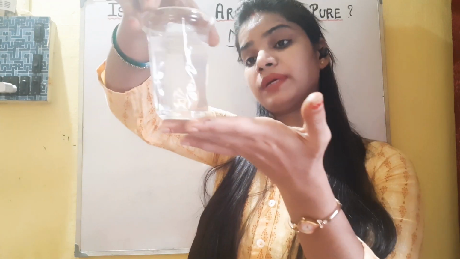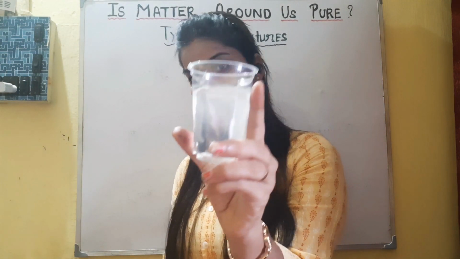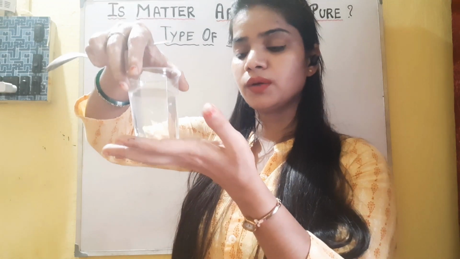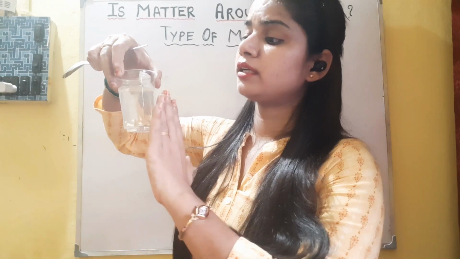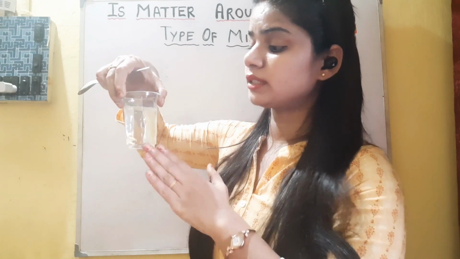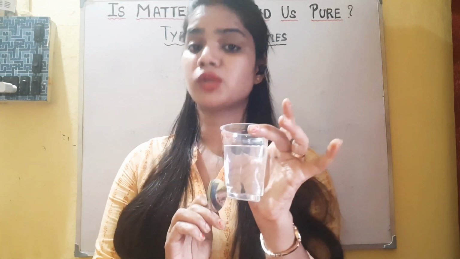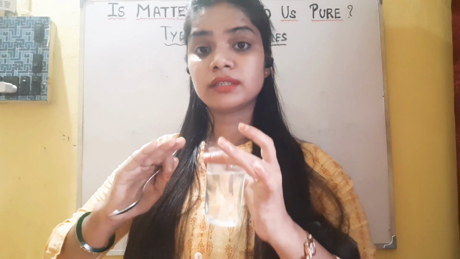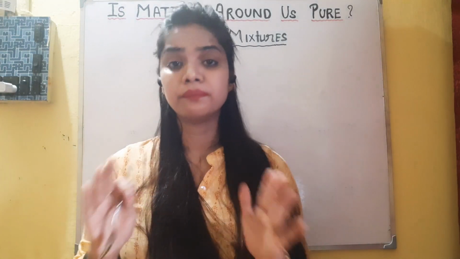Both get mixed and we can only see that there is only water. So they are uniformly mixed, they are not separate. We cannot see both things, salt and water, separately. So this type of mixture is called a homogeneous mixture, the mixture where the substances get uniformly mixed.